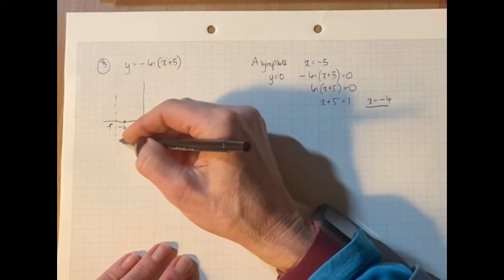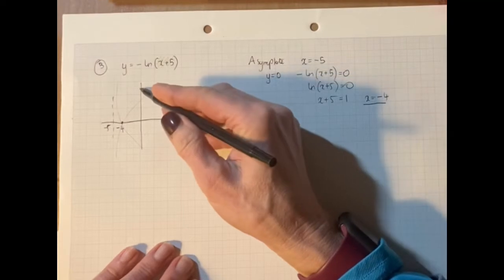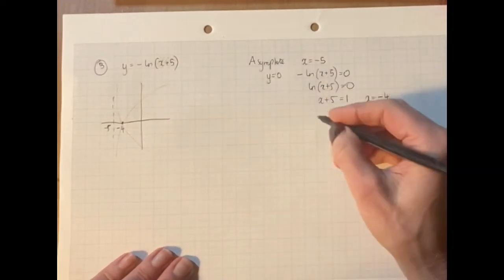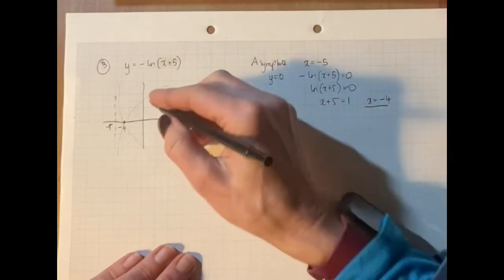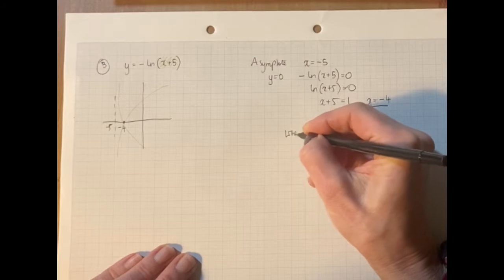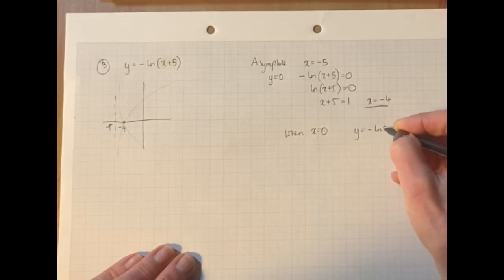But is the graph going to go like this or like this? So obviously now you can see that it will cut the y-axis. You can identify where it will intersect this axis by setting x equal to 0. So when x is equal to 0, y is equal to minus ln of 5.